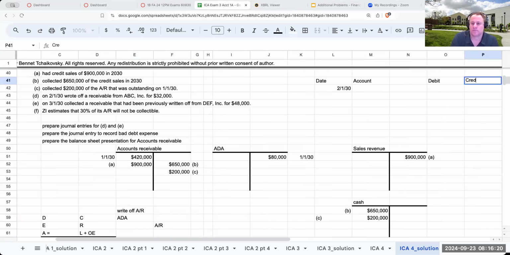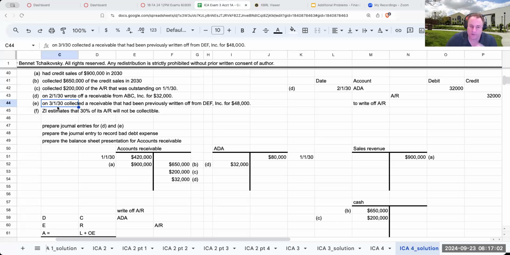So when I write off an account, meaning that I'm no longer believing I can collect the AR, I'm going to credit accounts receivable for 32,000, and I'm going to debit the allowance for doubtful accounts for 32,000. This would be letter D.